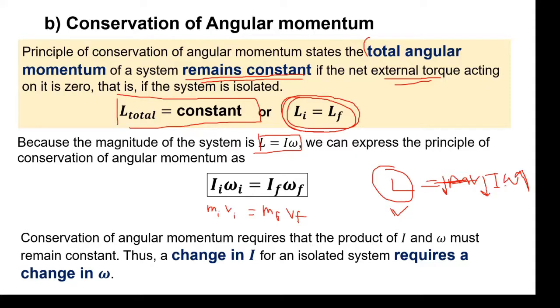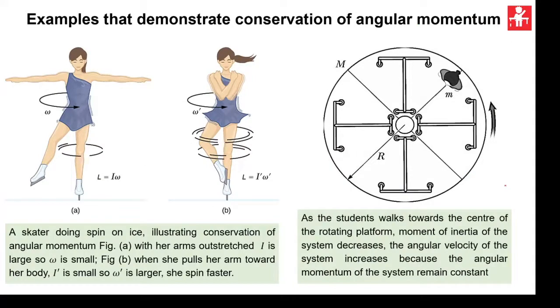So let's view a few examples to demonstrate this. We have two examples here. A ballerina has her arms upwards in the first situation and her arms inward in the second. Here is the initial angular momentum and here is the final angular momentum.